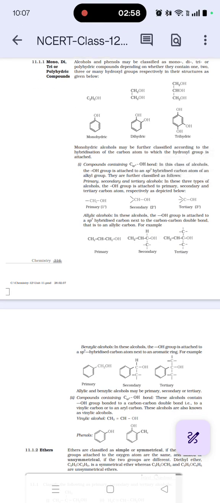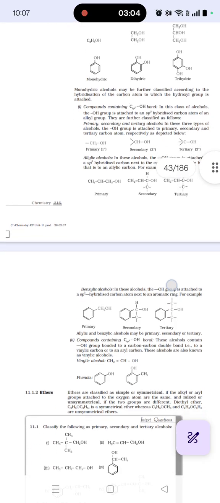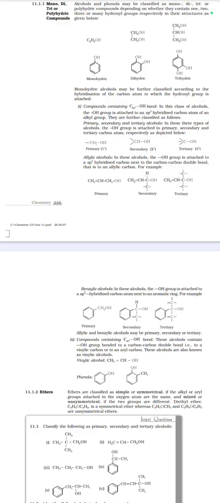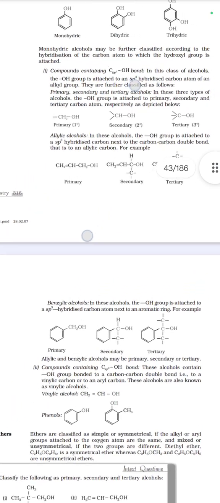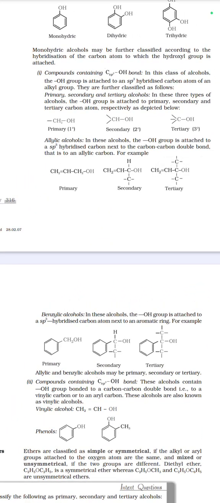Monohydric, dihydric, or trihydric. Monohydric alcohols may be further classified according to the hybridization of the carbon atom to which the hydroxyl group is attached. Compounds containing carbon sp3 OH bond. In this class of alcohols, the OH group is attached to an sp3 hybridized carbon atom of an alkyl group.